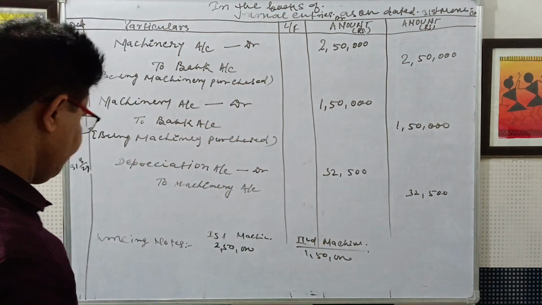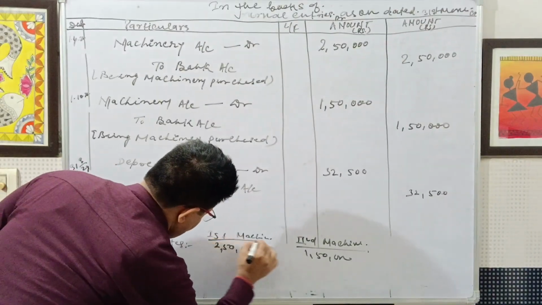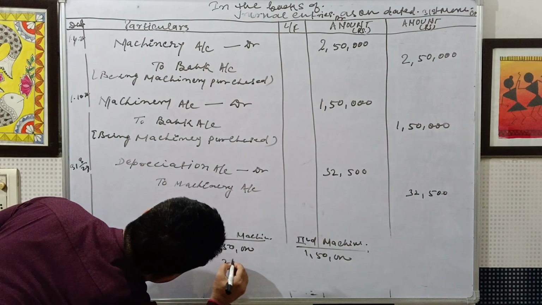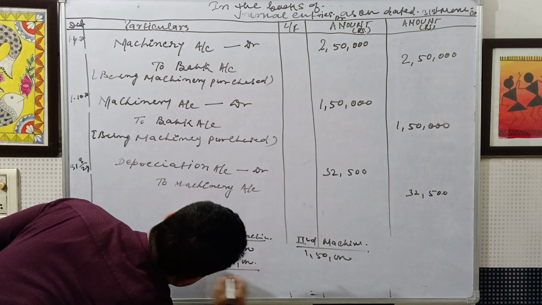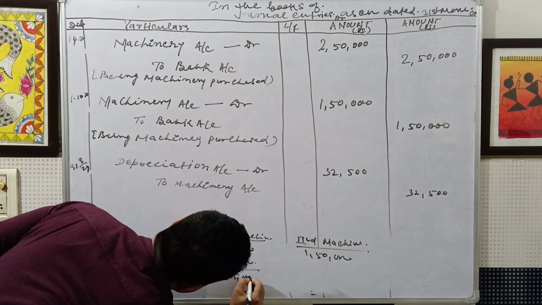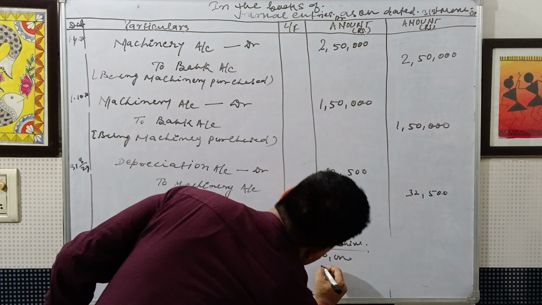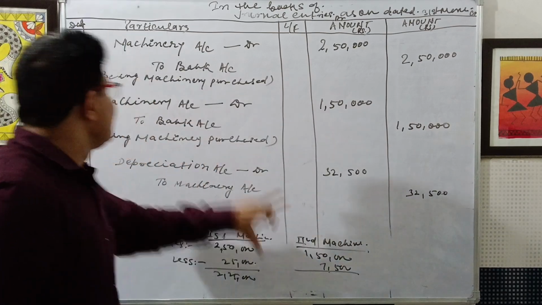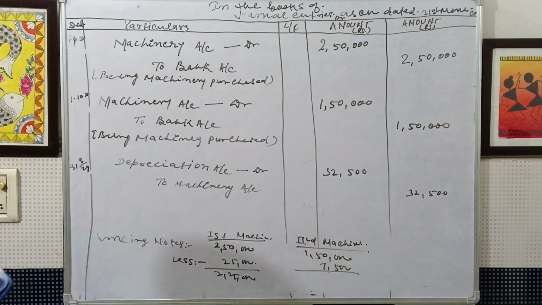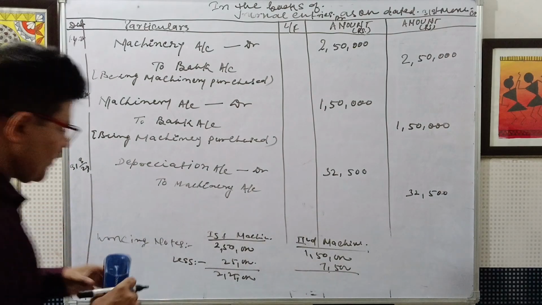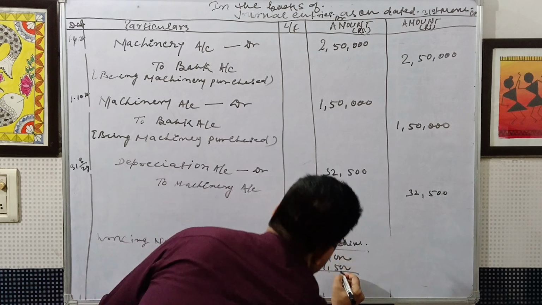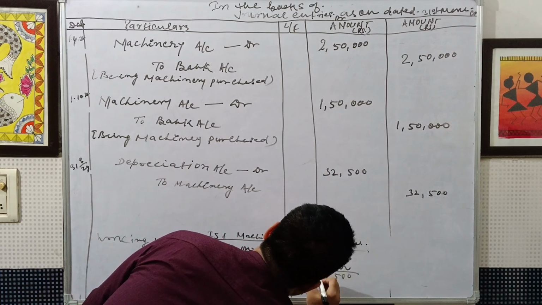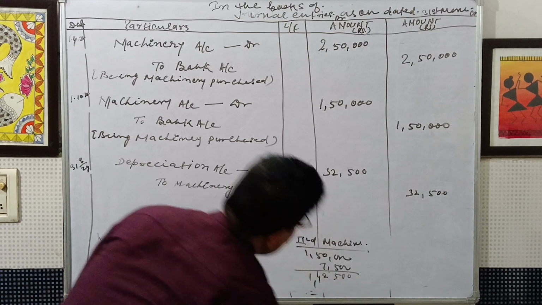In the first year, depreciation charged is 25,000, so this is 2,25,000 here, and on 1,50,000 it is only 7,500, because we only used it for 6 months in 22-23, so here it is 1,42,500.